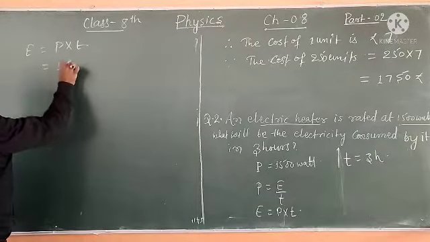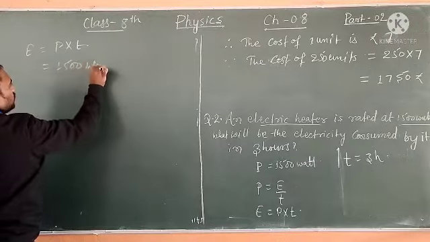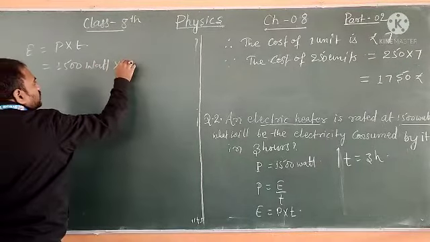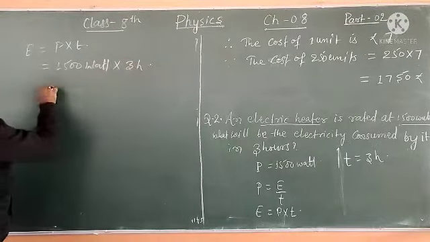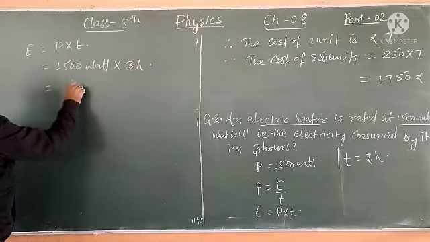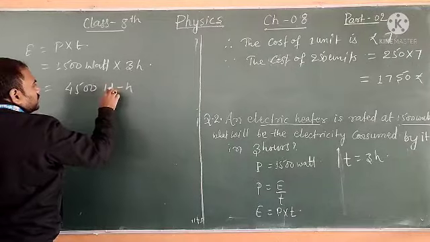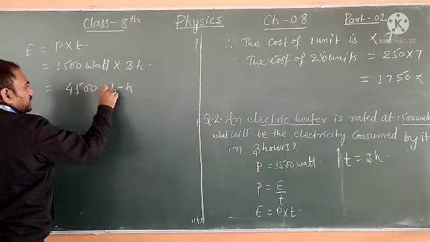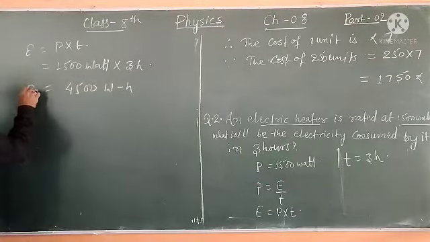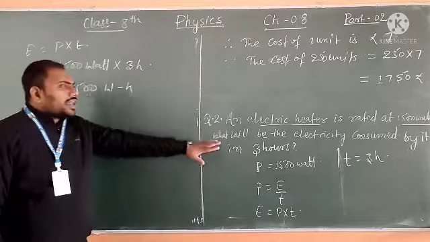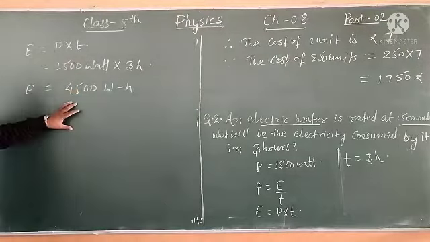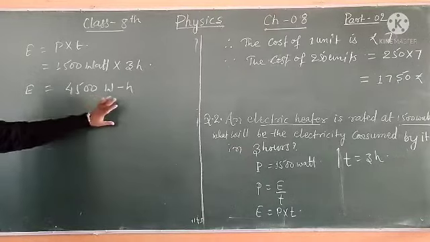Power is 1500 watt and time is 3 hours. So 3 times 1500 is 4500 watt hour. Energy consumed by this electric heater in watt hour is 4500 watt hour.